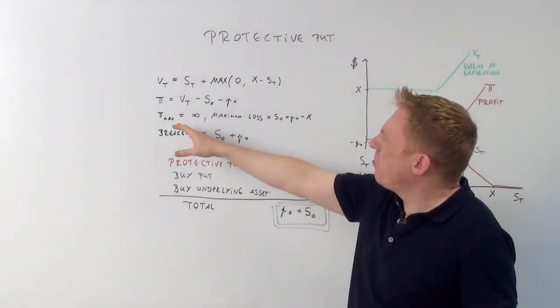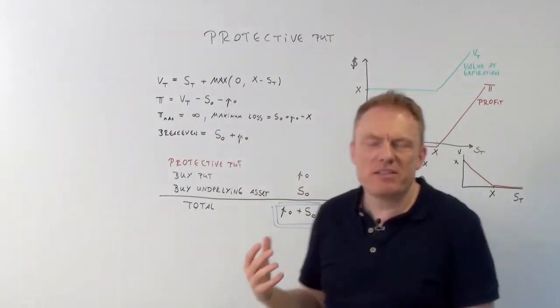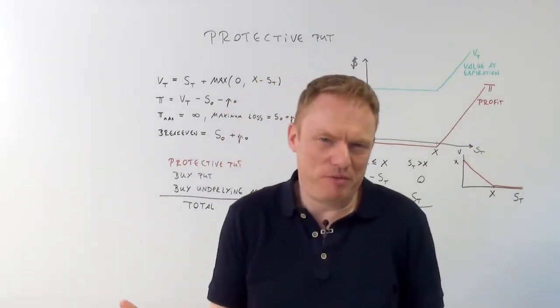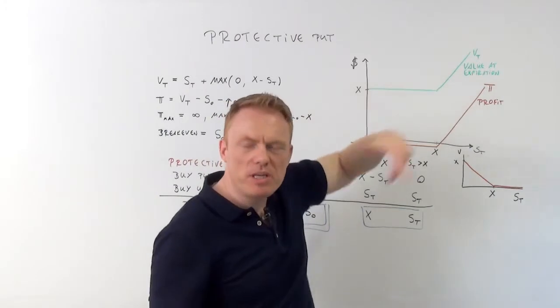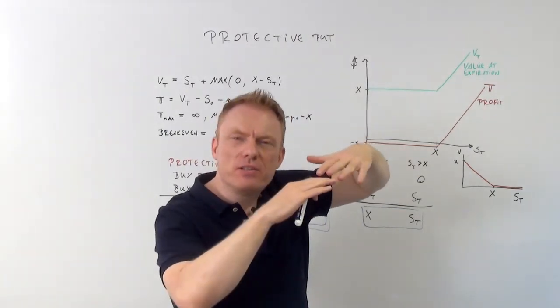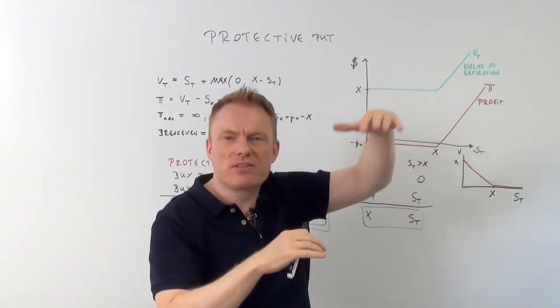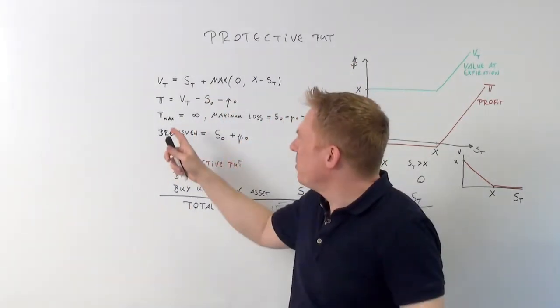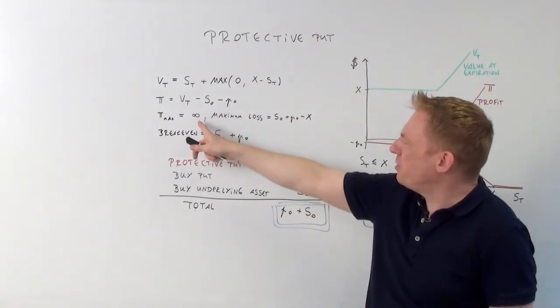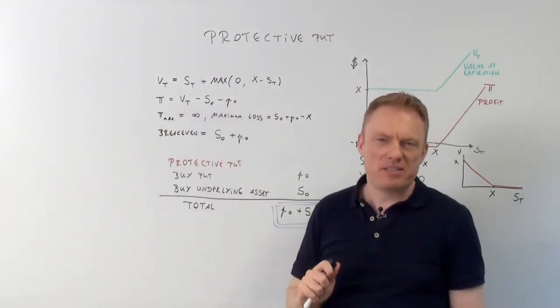And so the maximum profit: there is no maximum profit here, because the value of the stock rises above all possible values. So we have plus infinity, to put it this way, for maximum profit.